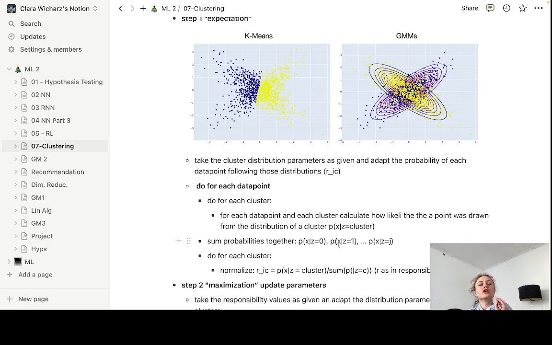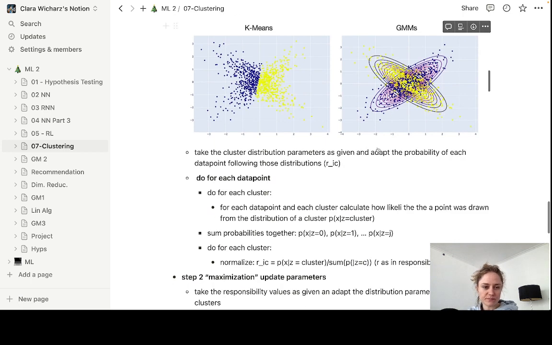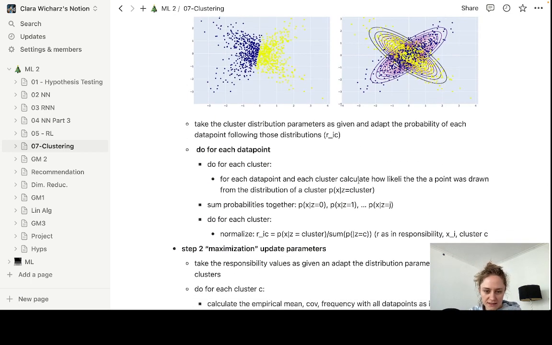So what do we expect, to which cluster does it more likely belong? And it's also soft because we do not assign it fully to one cluster. We just say with an 80% chance it's belonging to this cluster, with a 20% chance to this cluster. And now we get into the second step, the maximization, and then we're almost done.